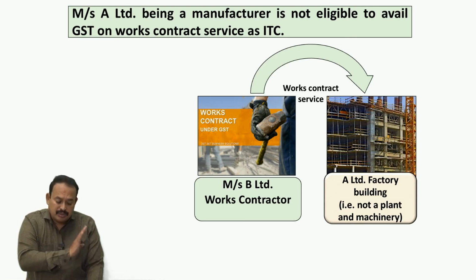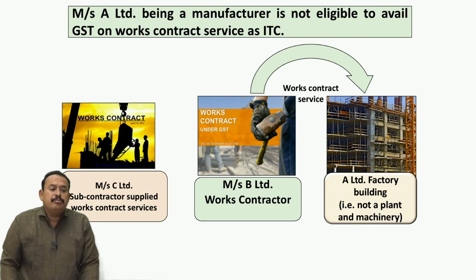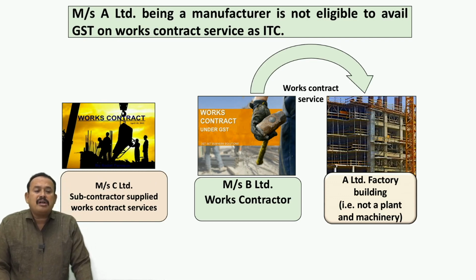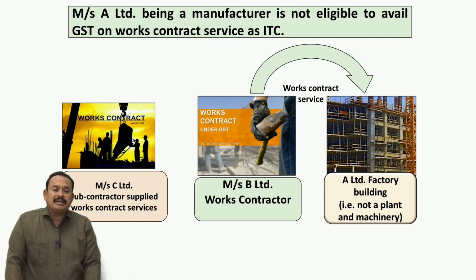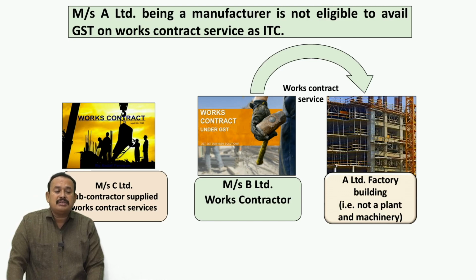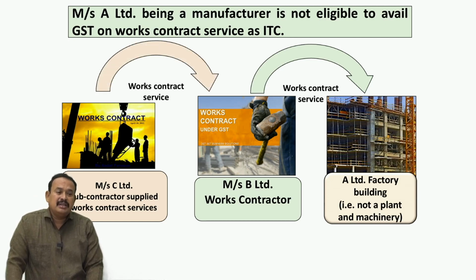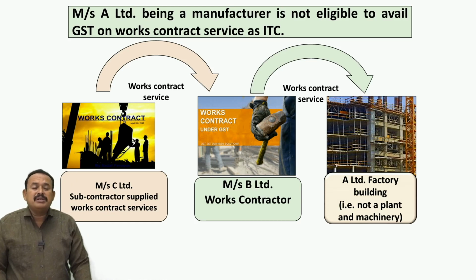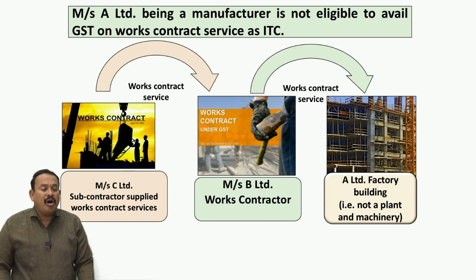So far, so good. Further, B Limited subcontracted the same work to C Limited. C Limited, being a subcontractor, supplied the works contract services to B Limited. In return, B Limited further supplied the works contract services to A Limited. In that case, B Limited seeks your advice: am I eligible to avail input tax credit on my inward supply of works contract services?